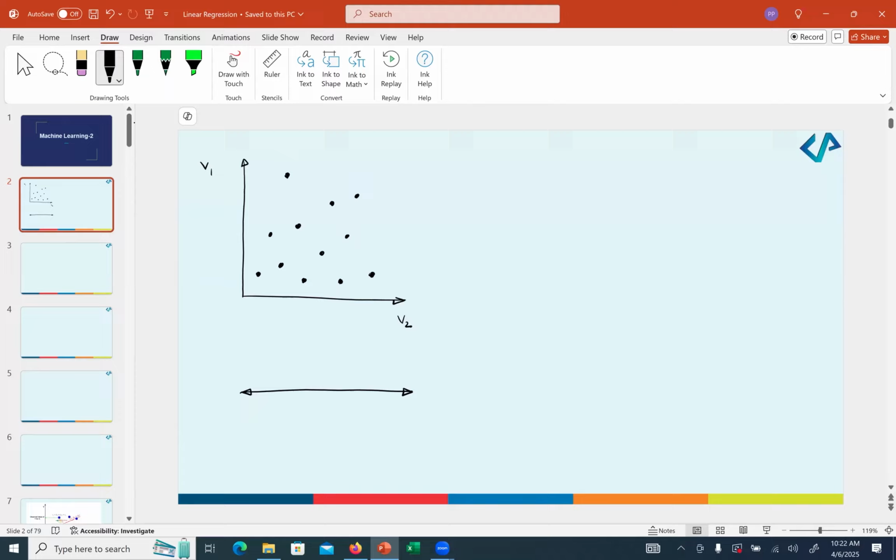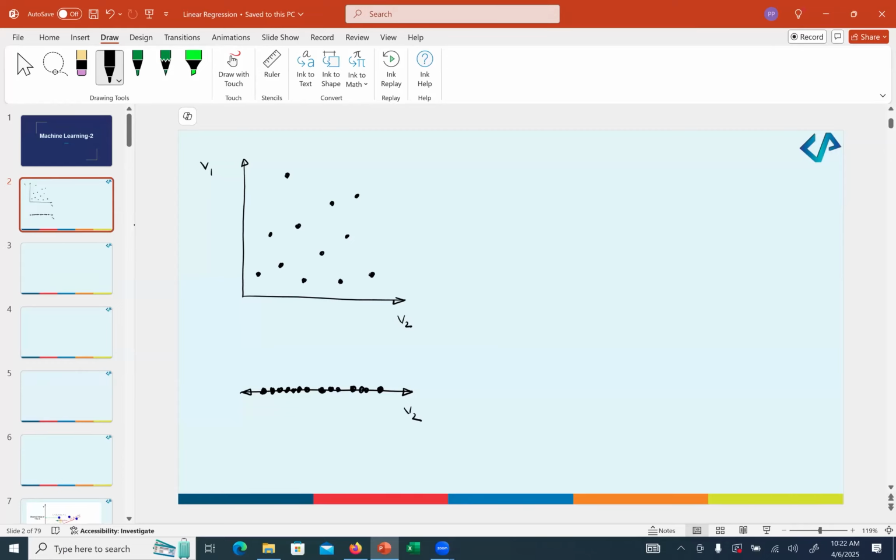Now, if I hypothetically imagine there was only one variable, that is variable 2, then how will these points look? This point will be here, another point will be here. You will see that all of these points will be very, very close to each other. You agree? So when I have a lesser number of variables, the points are closer to each other. When I have more variables, the distance between the points increases. Is that part clear?